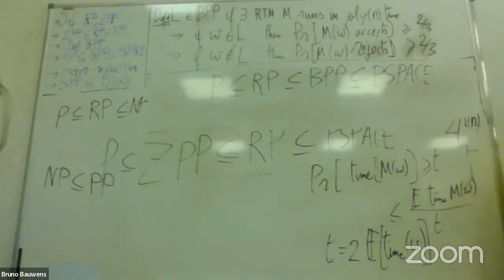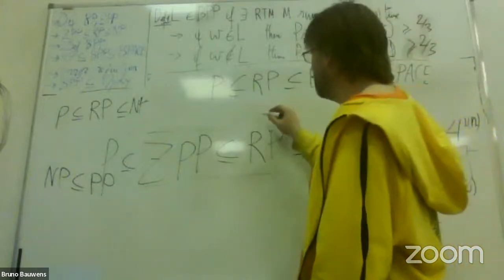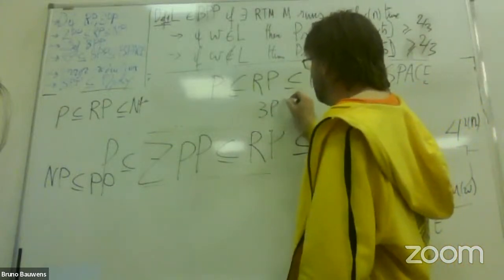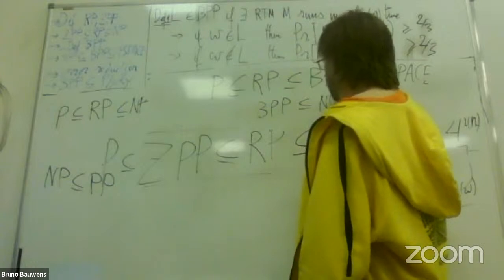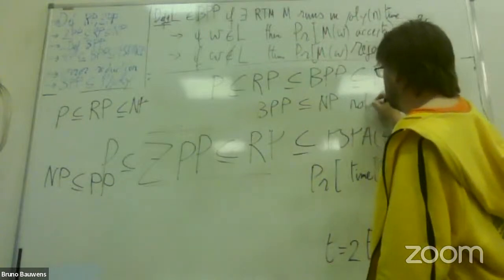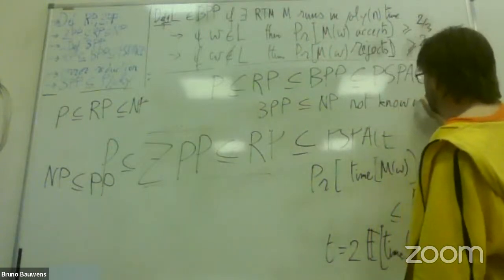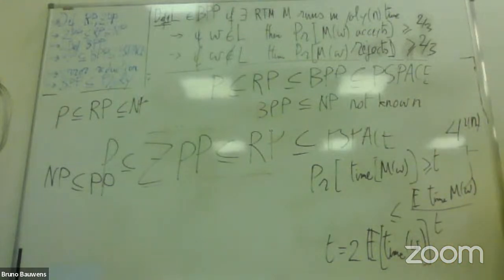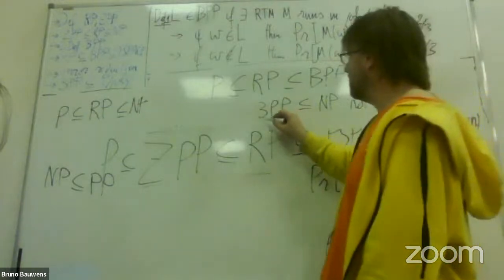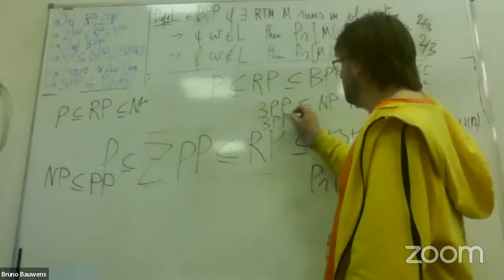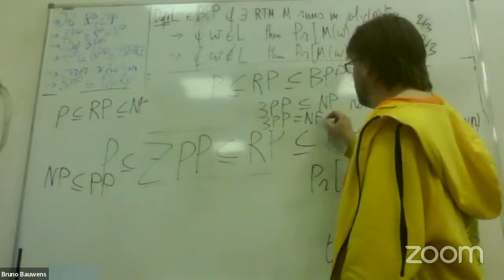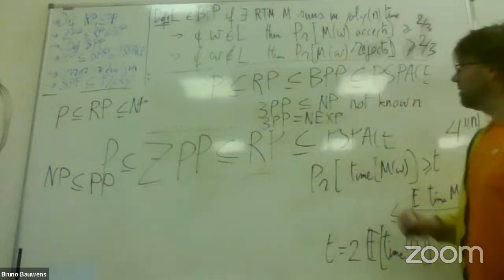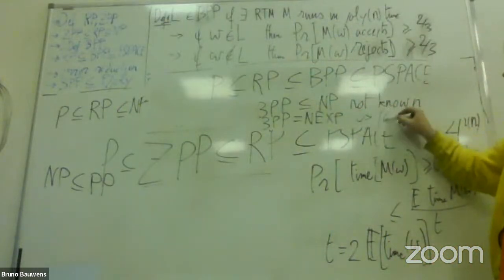For this inclusion, we cannot use the clever trick that BPP is in NP. It is not known whether BPP is a subset of NP. Not known. So it is possible that BPP is equal to NEXP. It is possible.